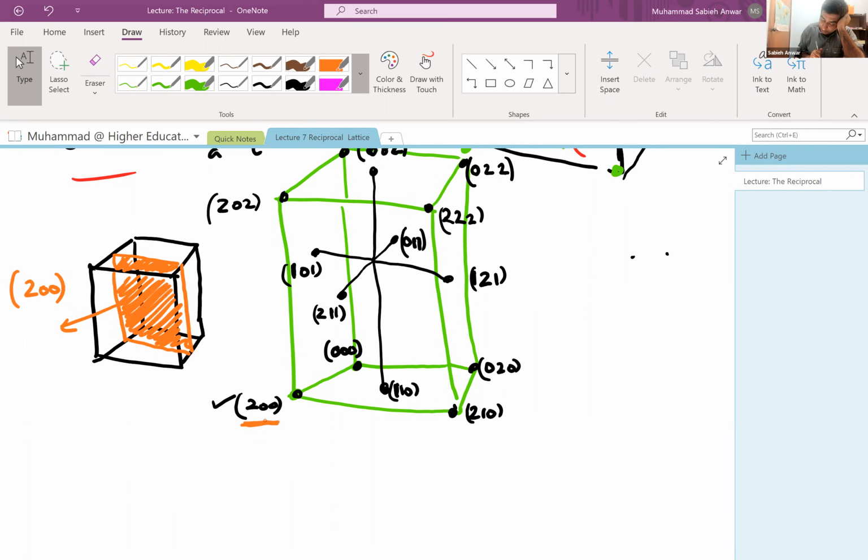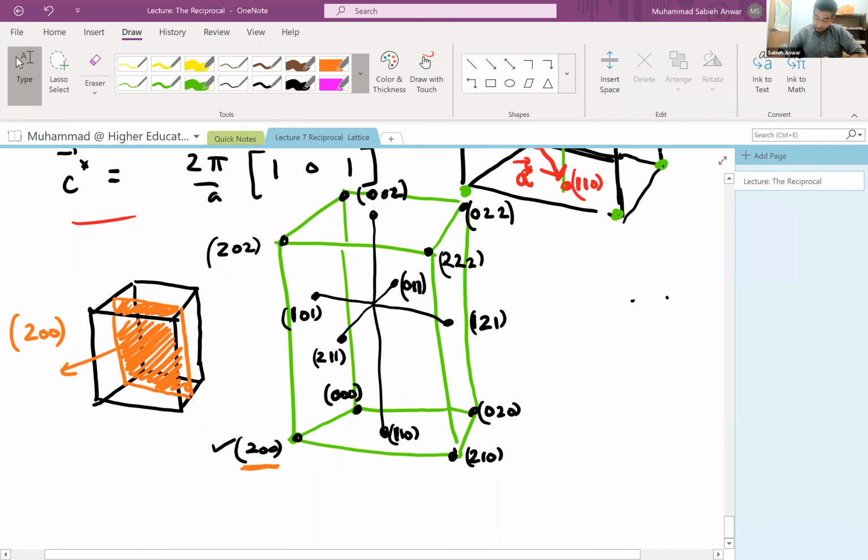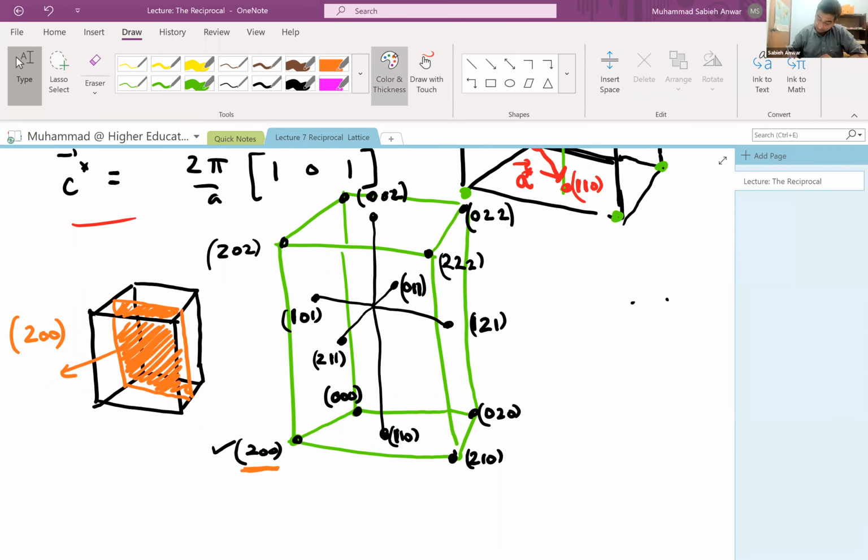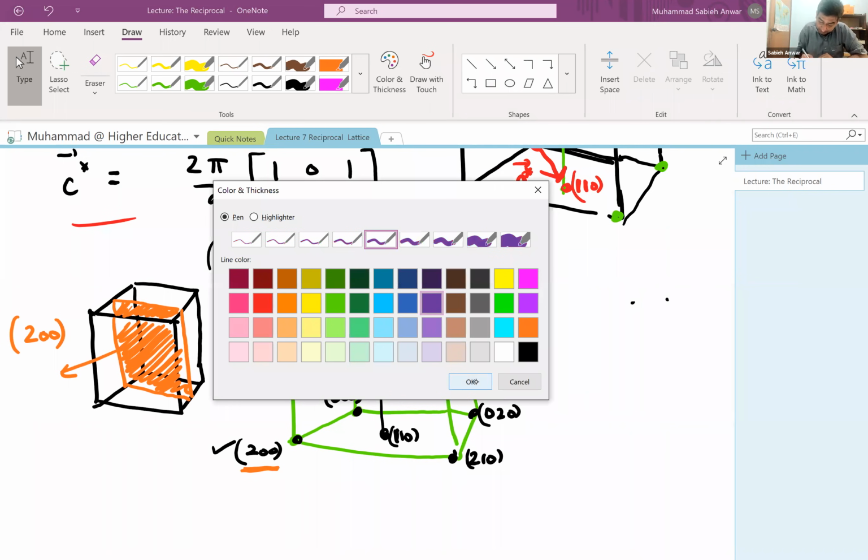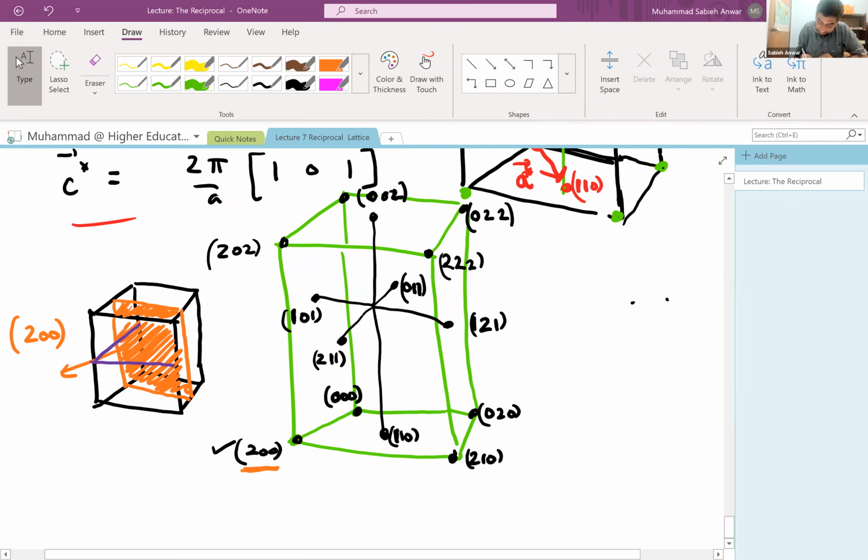So this is how, and this is further away, because if I were to draw another plane, for example, this plane here, this plane here is 0, 0, 2. That goes here in the reciprocal space.